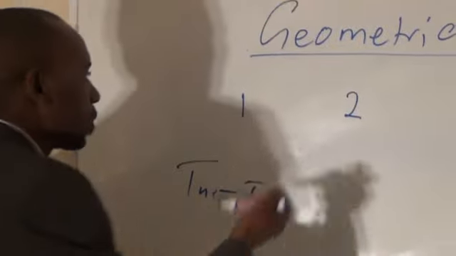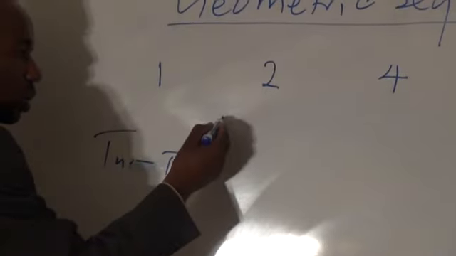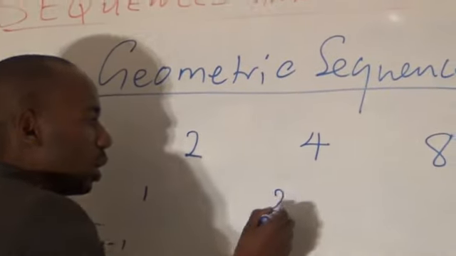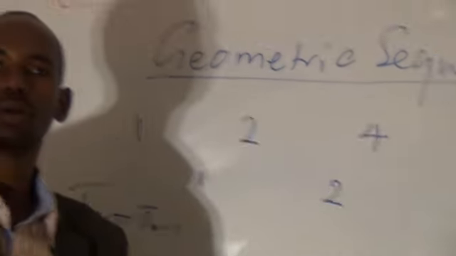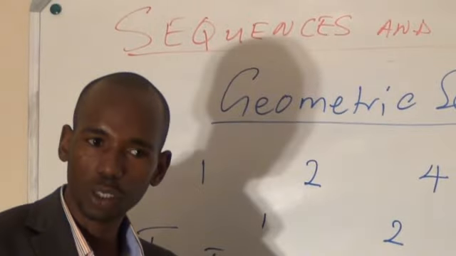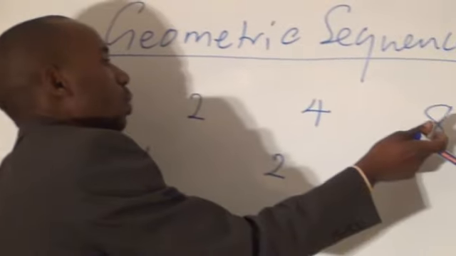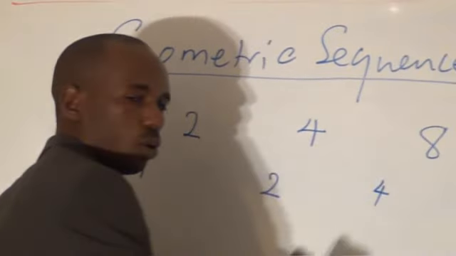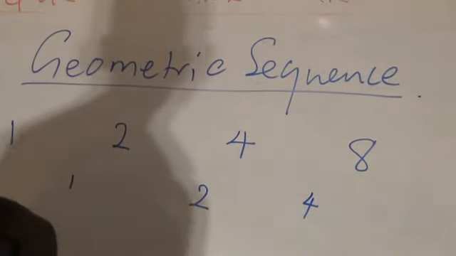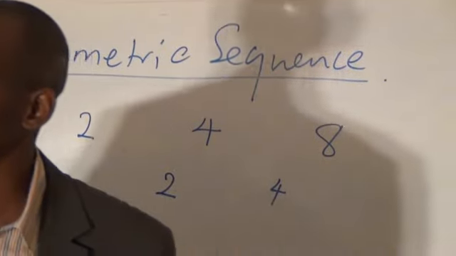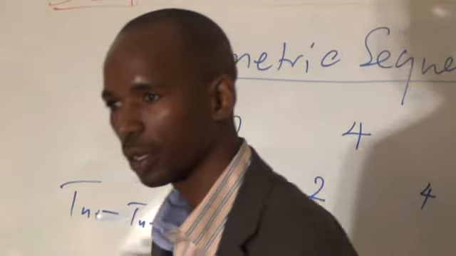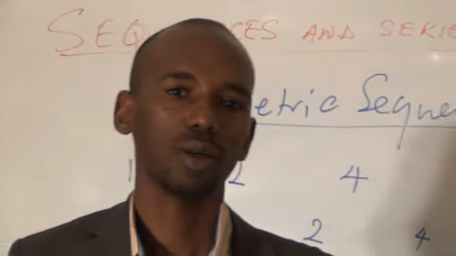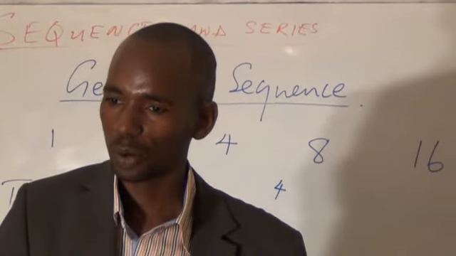Let's check. T2 minus T1 is 1. T3 minus T2 is 2. Already, you stop. There's no common difference. If you were to go further, T4 minus T3 is 4. So there's no common difference. We are not adding a constant term to get the next one, like what we did with the previous sequences. Do we agree? Correct.